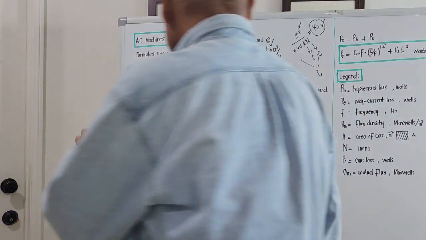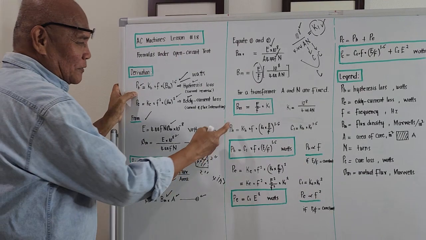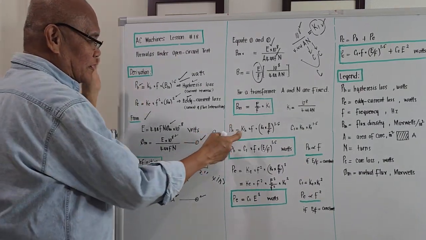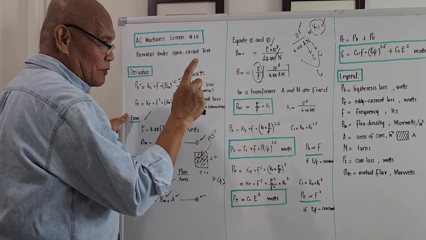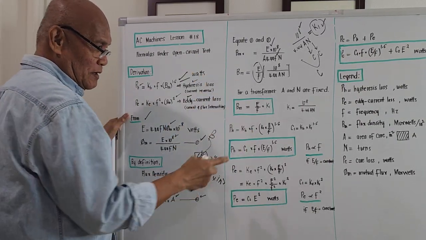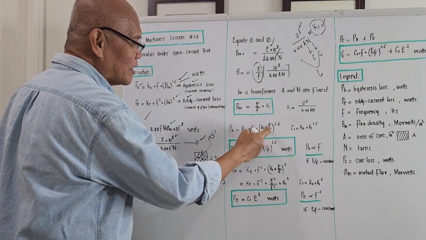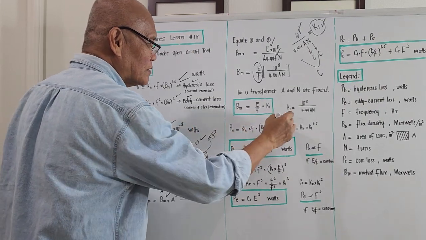So if we now go back to the first equation, capital letter P with the subscript H, I'm following this. It should be KH times frequency times the computed value of flux density, which is this. So this should be K1 times E over F, all raised to 1.6.